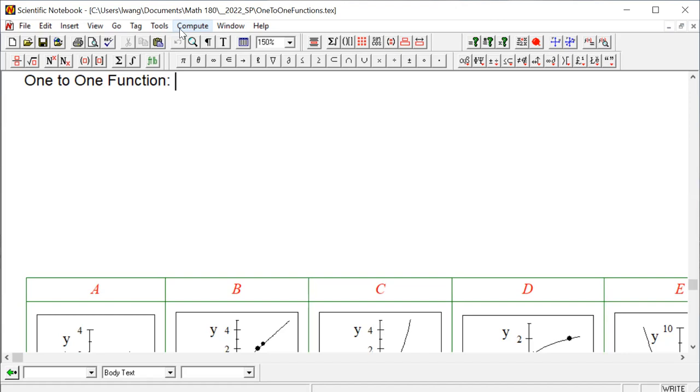So, one-to-one function. Ready? All right.